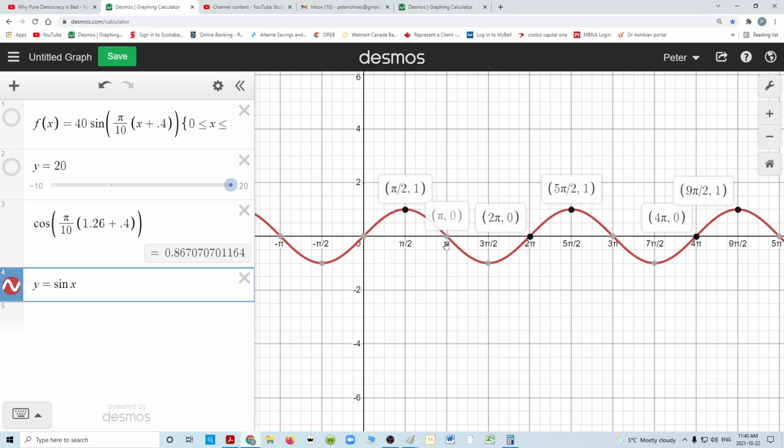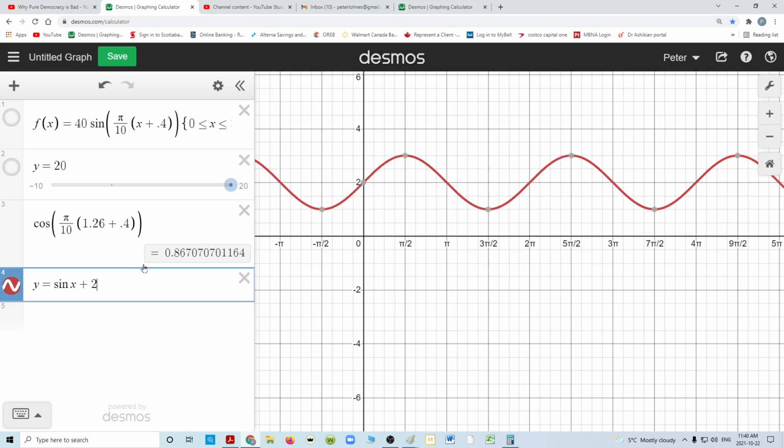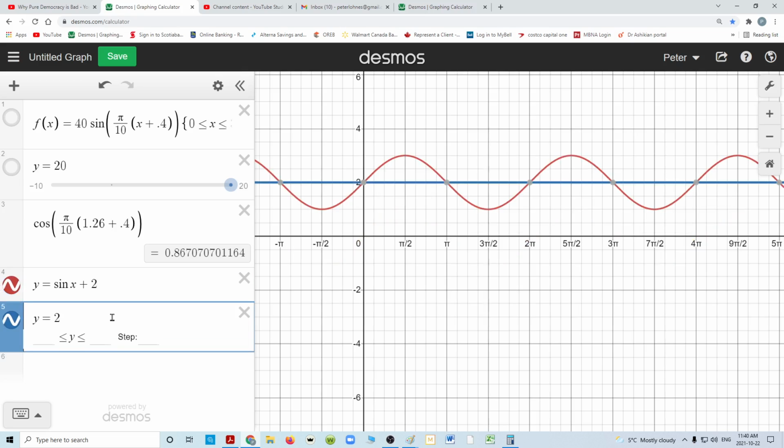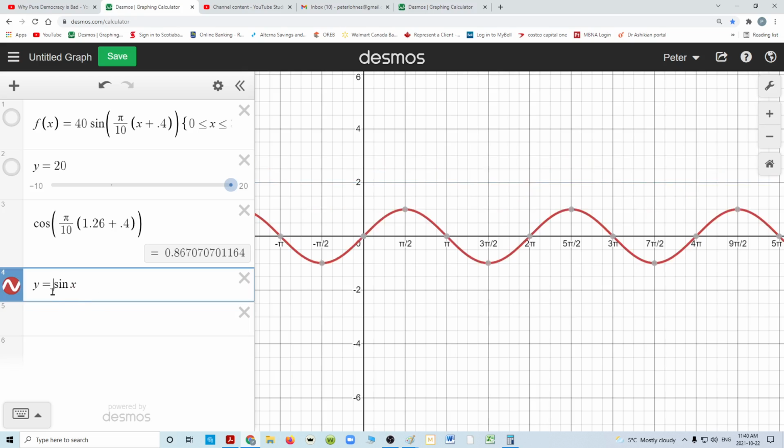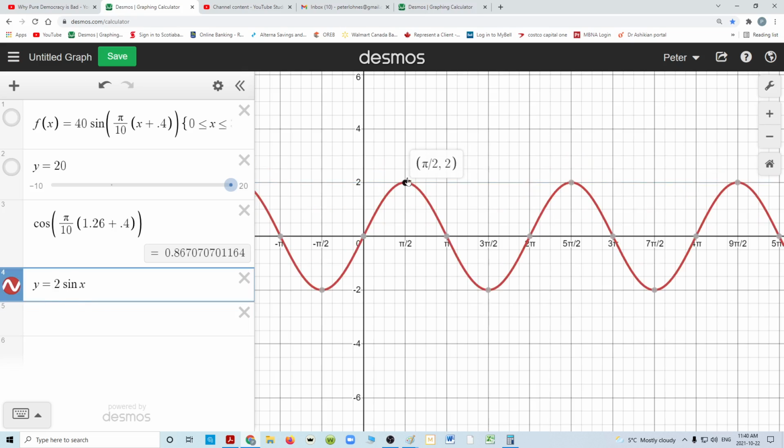Now that will change as we change the period of these things, and the results will change if we change the amplitude of these things, and the results will change if we transform the height of these things. For instance, if I add +2 to this, the whole thing climbs by 2. My axis is now y is equal to 2 instead of y is equal to 0. It's very important you understand all the transformations. If I put a 2 in front of this, my amplitude now goes up to 2 and down by 2.